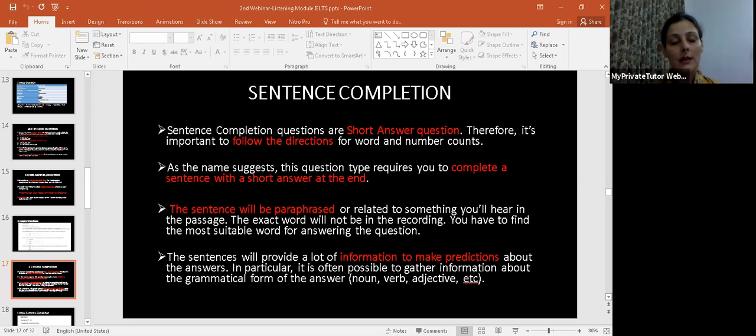So you have to be very conscious about whether the sentence is correct according to the grammatical rules. Is it sounding right? You have to be very particular about that also. Maybe a sentence only needs a noun, verb, or adjective, and by adding this, the whole sentence can be completed. So you have to be very conscious about what to fill in, and you have to understand the meaning of the sentence.